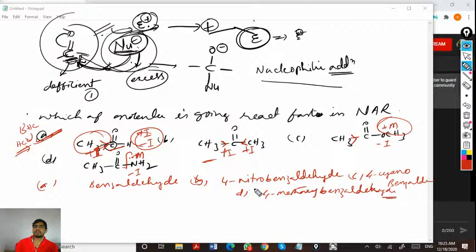So benzoylate, 4-nitrobenzoylate, 4-cyanobenzoylate, 4-methoxybenzoylate. Which is the most reactive towards the nucleophilic addition reaction? Sidhu?